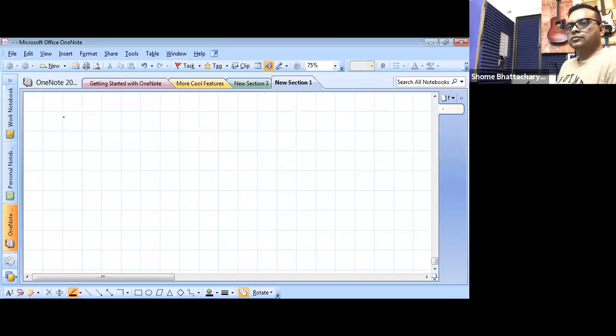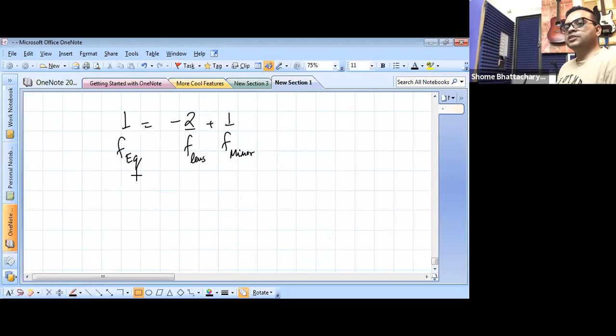Okay, so the formula is given by this: 1 upon F equivalent is minus 2 upon focal length of the lens plus 1 upon focal length of the mirror, where things must be substituted with proper algebraic sign.